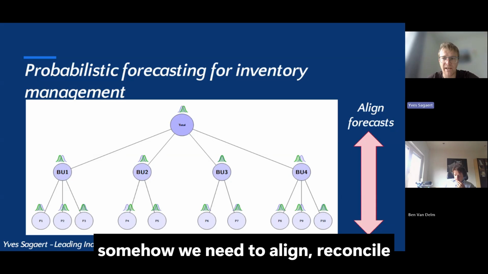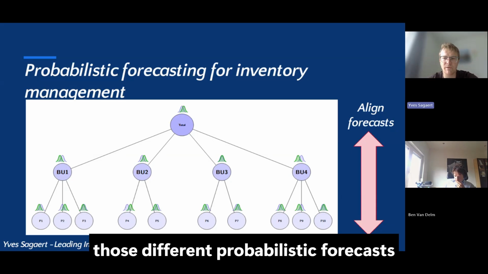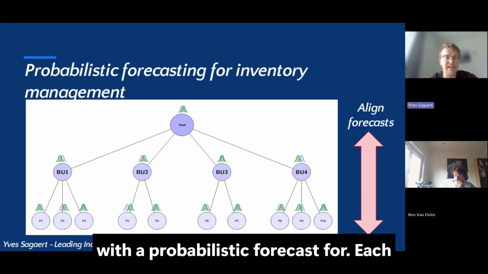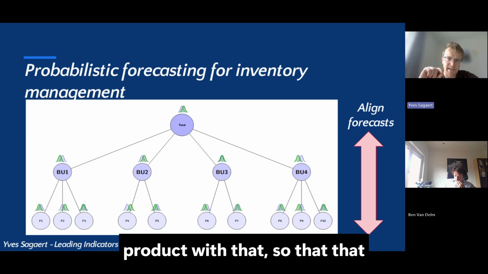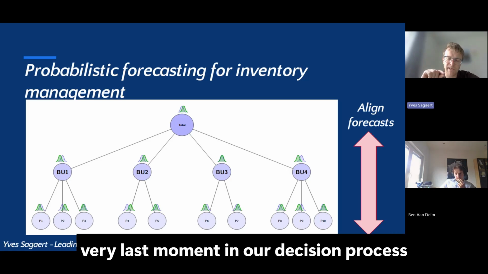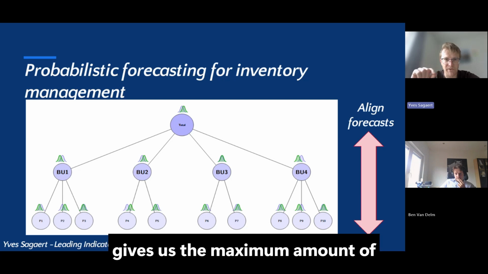But somehow we need to align, reconcile those different probabilistic forecasts, and that way we end up with a probabilistic forecast for each product.